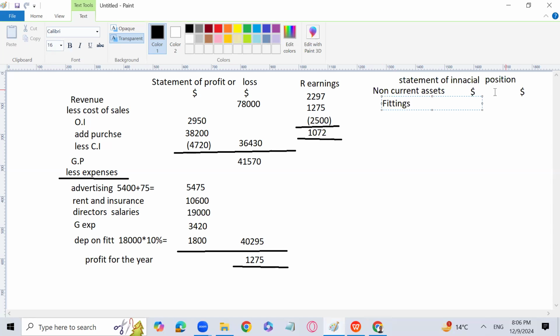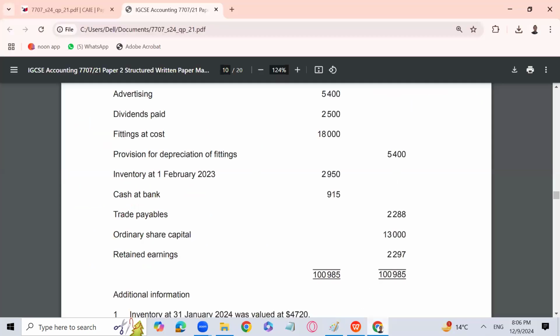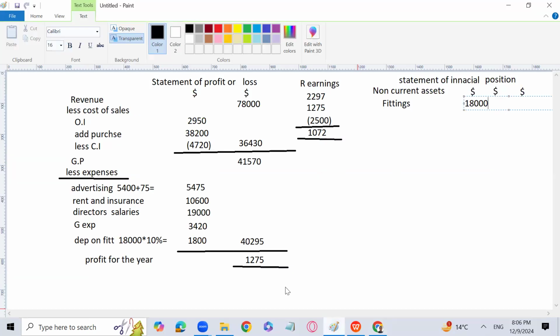Let's prepare the third column also, just to be very logical and go with the examiner's procedure. 18,000 is the cost, 5,400 is the depreciation, and the current year depreciation is going to be added.